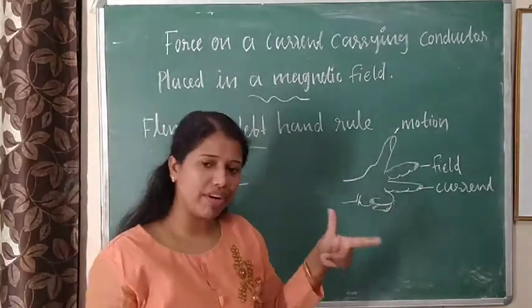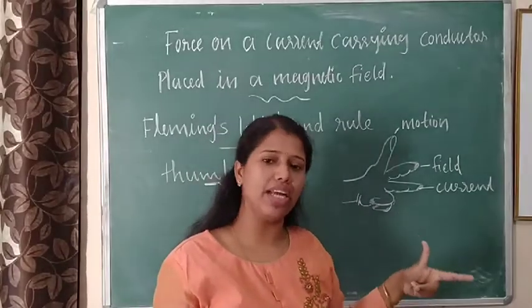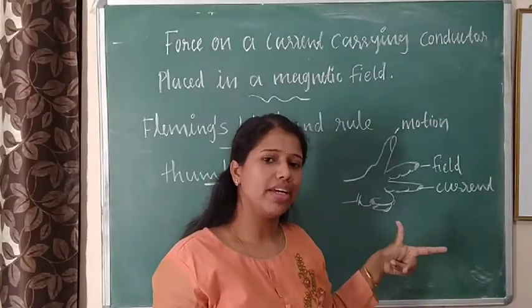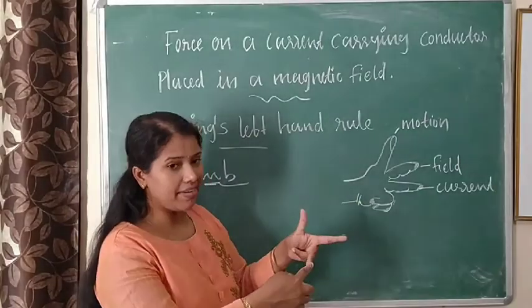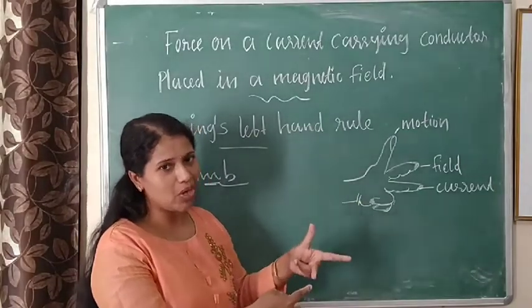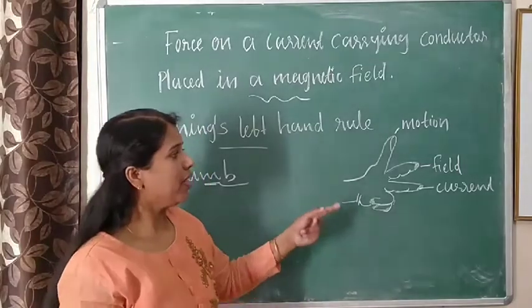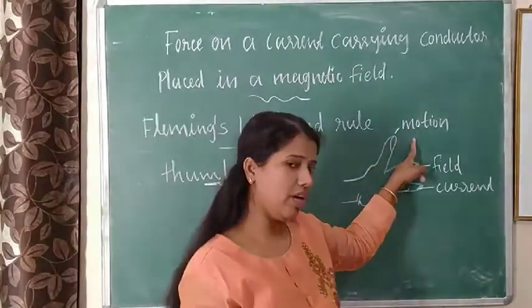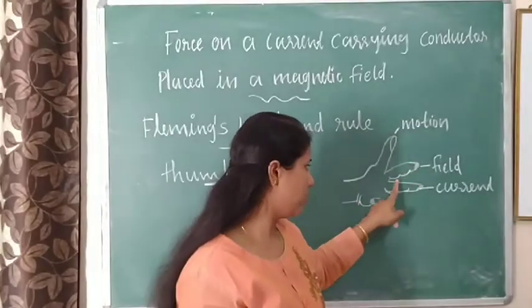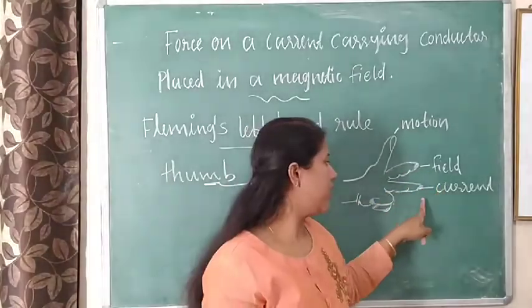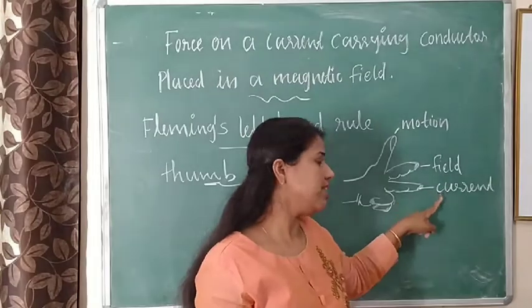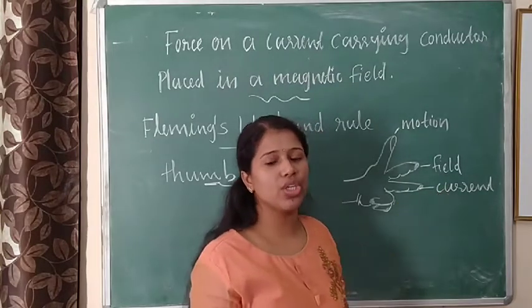Stretch the three fingers of the left hand. The thumb, forefinger and center finger are mutually perpendicular to each other. The thumb gives the direction of motion or force, the forefinger gives the direction of field, and the center finger gives the direction of current.